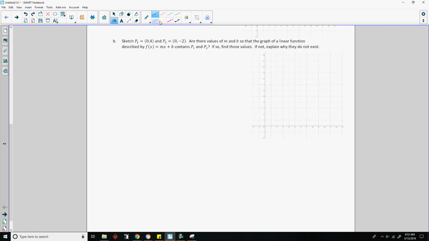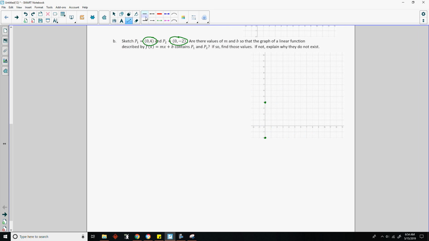Okay, so here we go. Sketch the point (0, 4). So (0, 4) is right here. And the point (0, negative 2), which is right here, right on the edge of my graph, over 0, down 2. So there are my 2 points, (0, 4) and (0, negative 2).